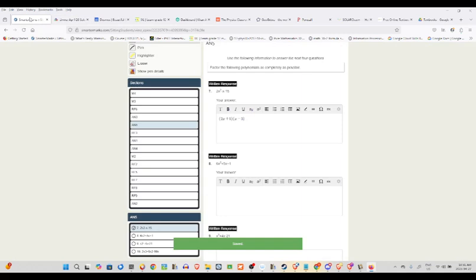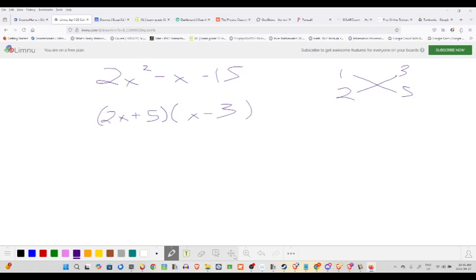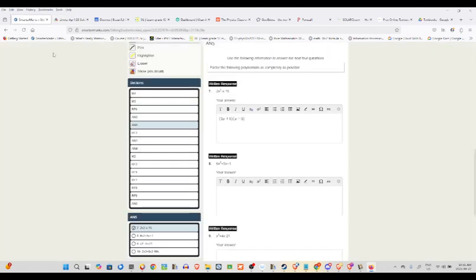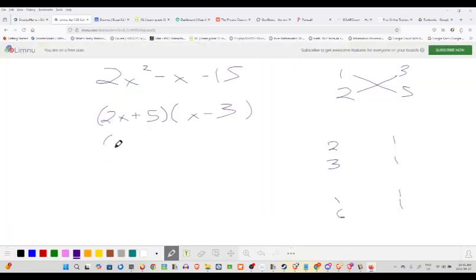Our next term to factor, 6x squared plus 5x plus 1. So this means factors of 6. We either have 2, 3, 1, 1 or 1, 6, 1, 1. We need a cross term of 5. All of our signs are positive. Just going to draw a line here.